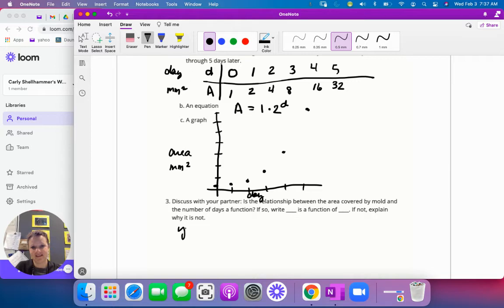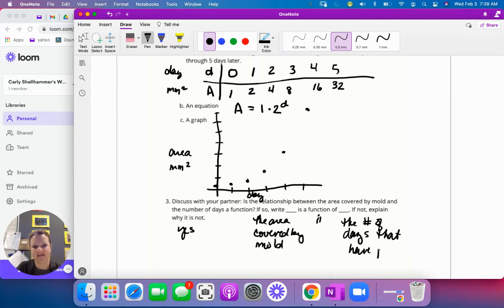Well, yes, it is. And you're my partner, I'm your partner. So we can say the area covered by mold is a function of the number of days that have passed.